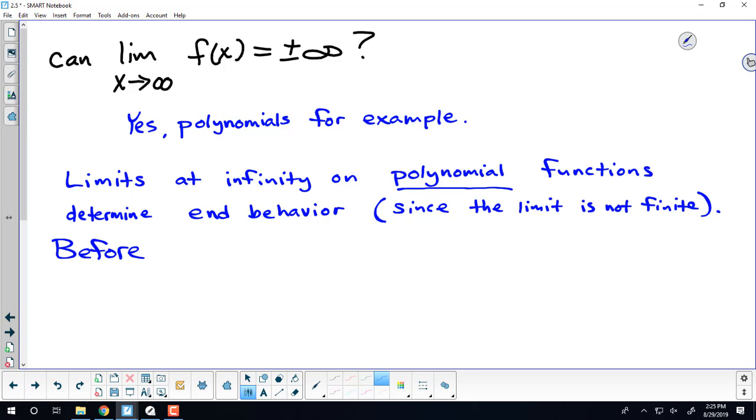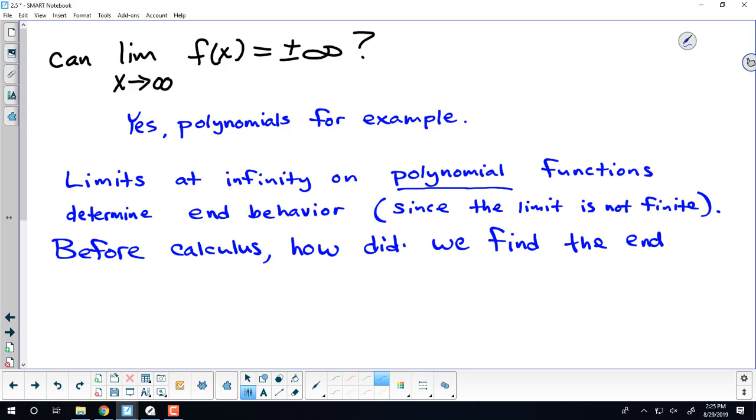So before calculus, how did we find the end behavior on polynomials?